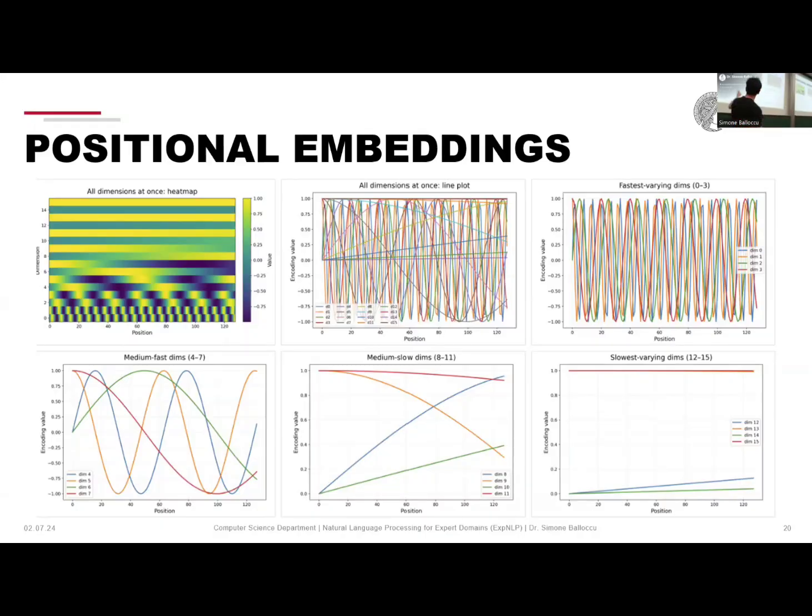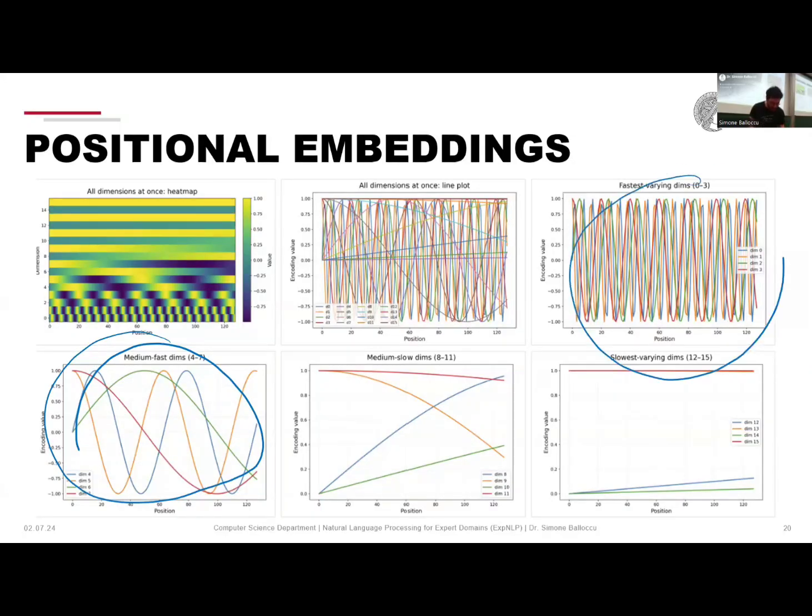First of all, you can see a whole sequence, right? The first dimensions of the tokens change much more frequently. If you go here, for example, you can see how fast positions 4 and 7 of the embedding oscillate, which is even faster in 0 to 3.